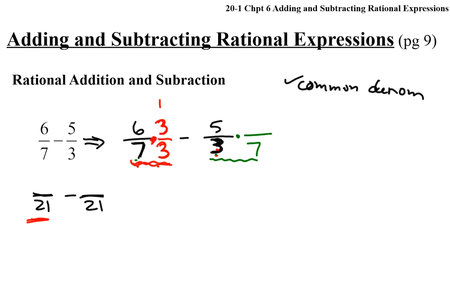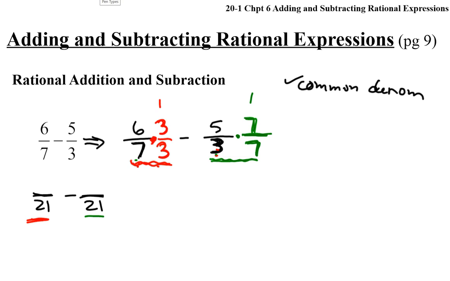Because now my 3 times 7, there's my 21. And whatever I do to my denominator, I do to my numerator. So we multiply by 7 and then multiply by 7 to keep it equivalent. But by multiplying 7 over 7, I'm multiplying by a value of 1, and 5/3 times 1 is just 5/3. So it's the same value, but now I have a denominator of 21.